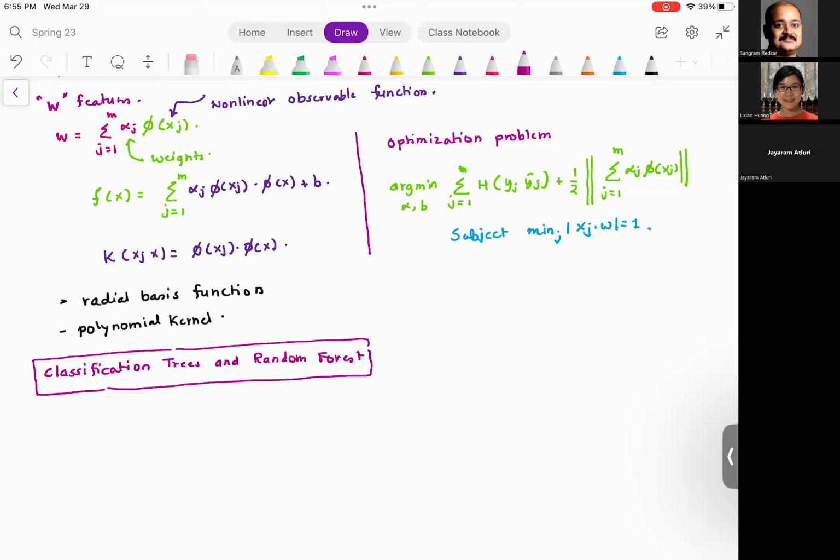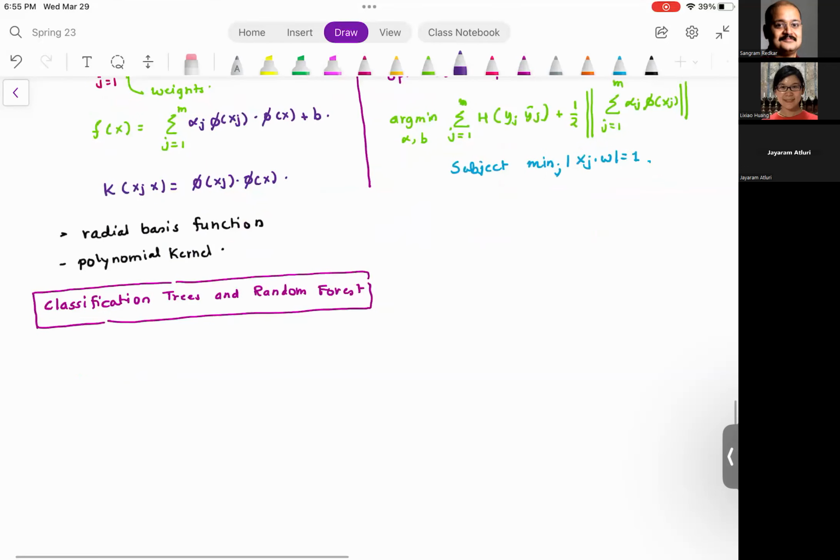The idea is you start with something called a decision tree. You decide whether you want to go this route or that route. This decision tree is a hierarchical structure that allows us to classify.